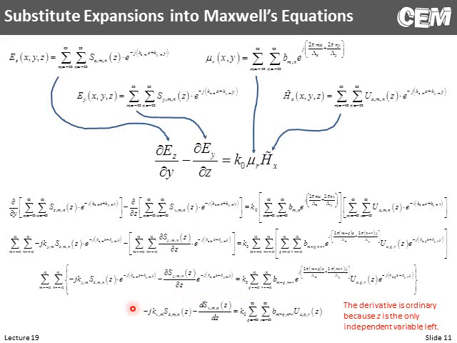So here really is the final equation. We have this double summation here, which we'll remember is a convolution. And here we're convolving the permeability with the magnetic fields. Notice we're writing our z derivative now as an ordinary derivative because z is the only independent variable left. So the partial derivative becomes the ordinary derivative.